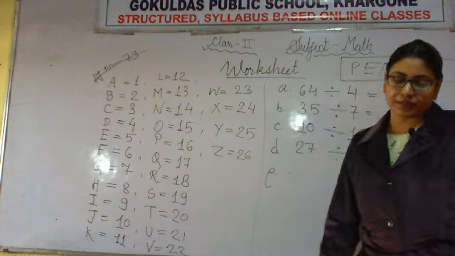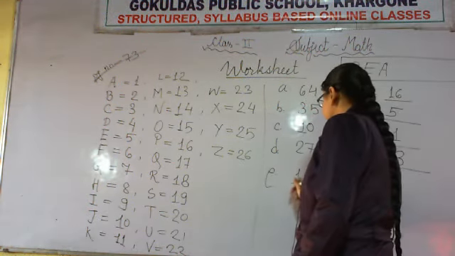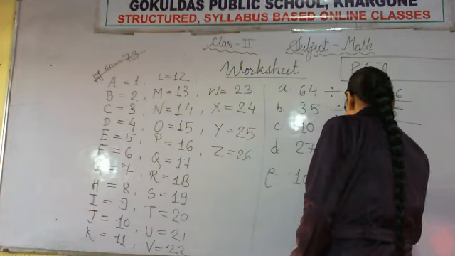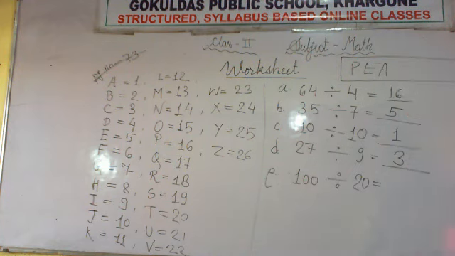Now the next question, next cloud E, 100 divided by 20. Now you will think, oh, how big a number. So how will we be able to do it? Simple. If you multiply 20 by 5, then you will get 100.